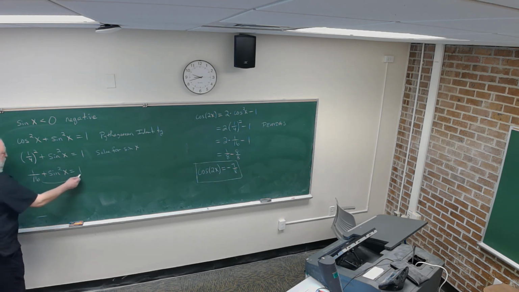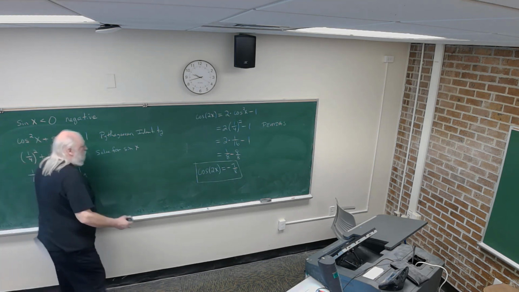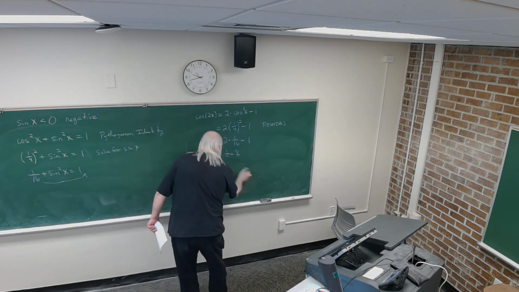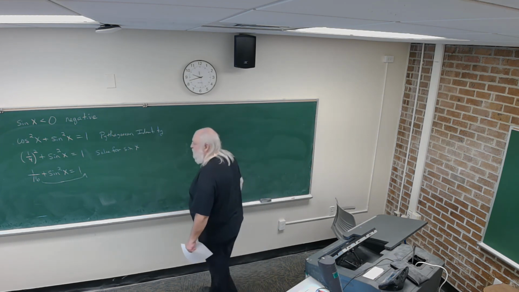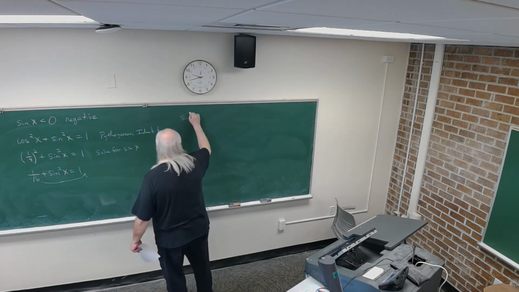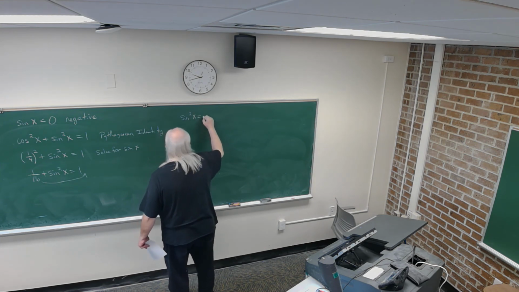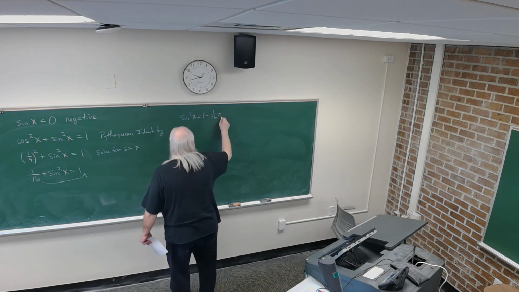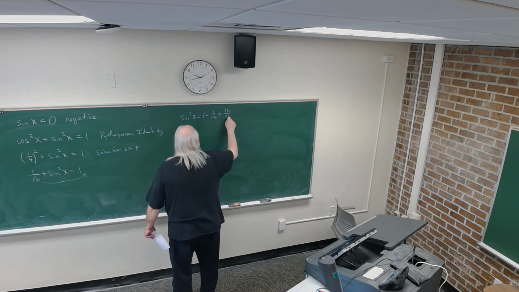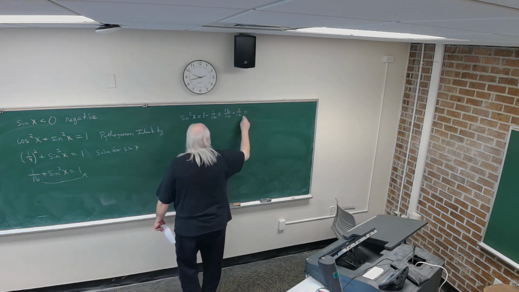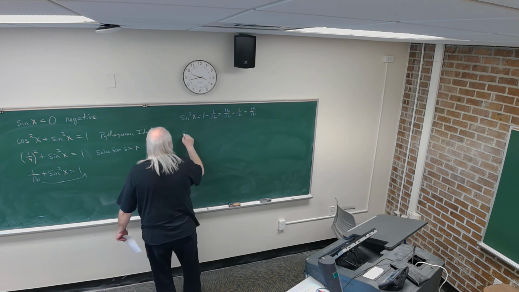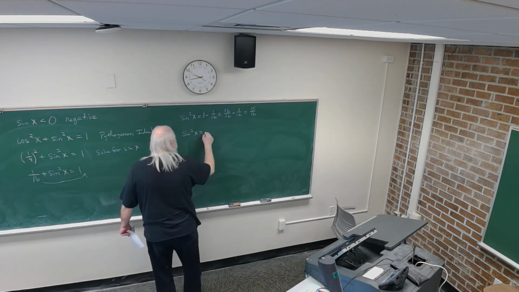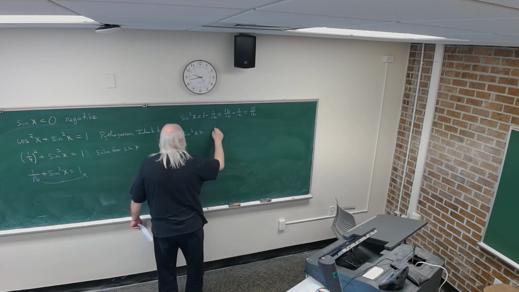And now we subtract 1/16 from both sides, right? And we have sine squared x is equal to 1 minus 1/16, right? 16/16 minus 1/16, which is equal to 15/16. So sine squared x is equal to 15/16.